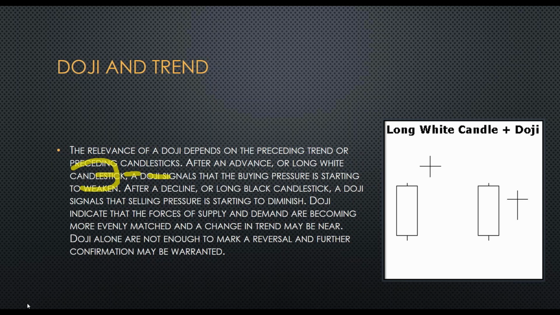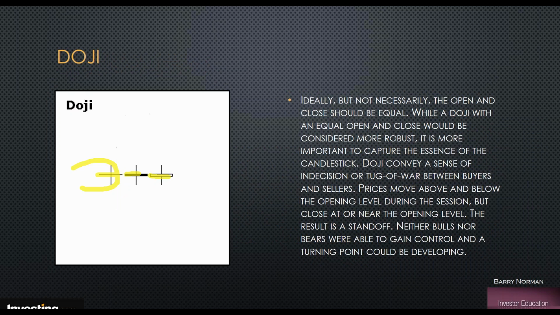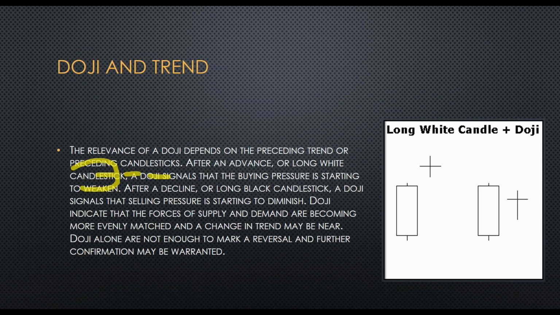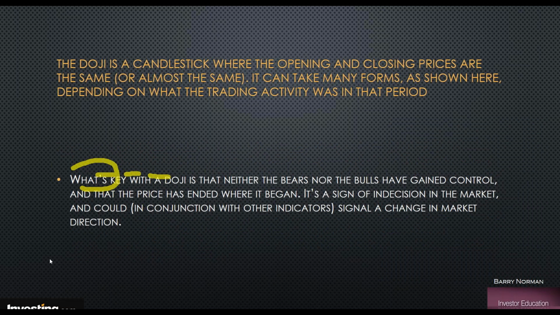Whereas if you had gotten the spinning top, it's a sign of indecision, not of a trend reversal. So they're very close in view. Okay, they are different in interpretation. Okay, after this, we go on, and there are many, many more dojis.